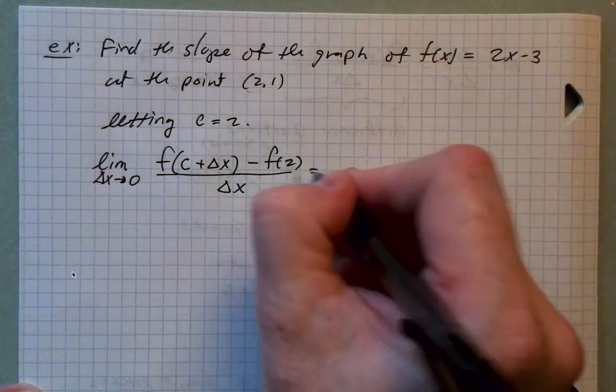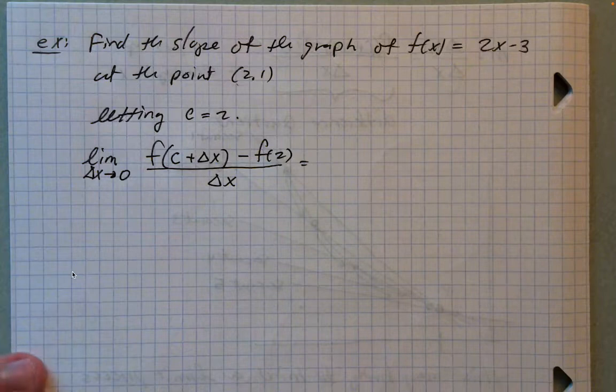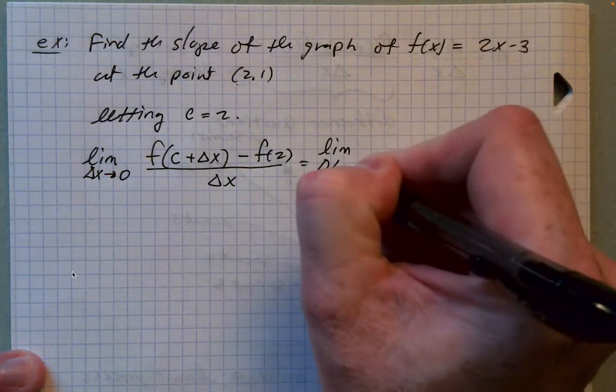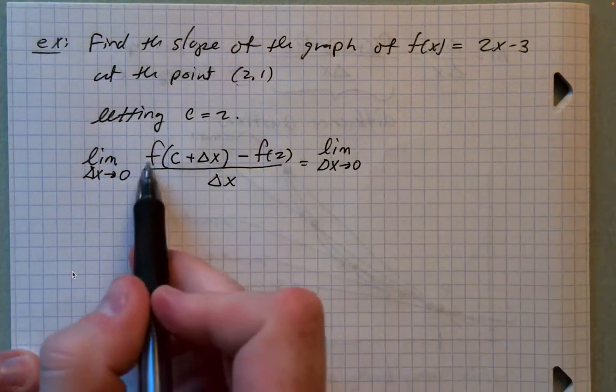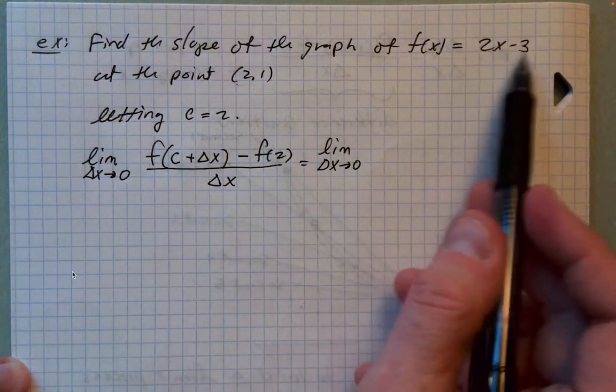Now here's the part that trips up a lot of folks, and specifically this next step is why the difference quotient is introduced in pre-calculus, just to make this a little more straightforward for people. But what we're doing when we say f of c plus delta x, this is the argument of this function, right?